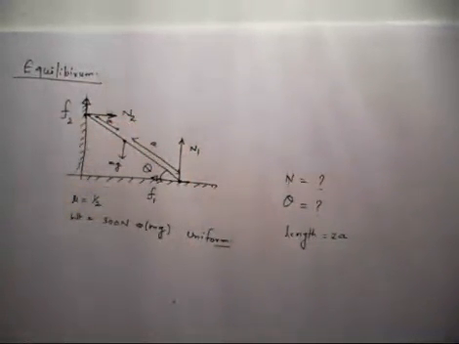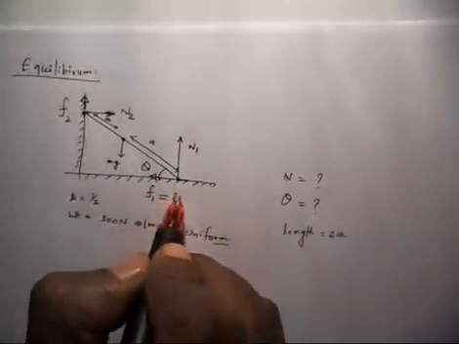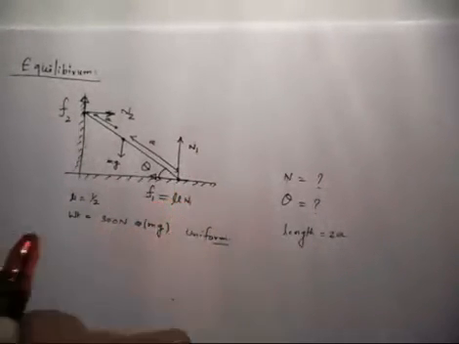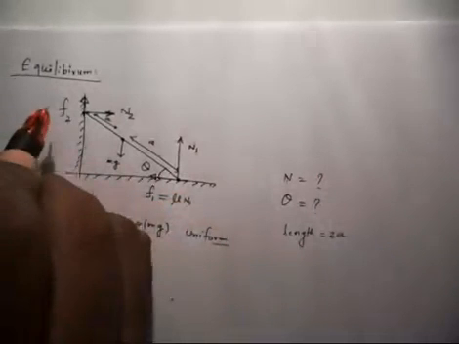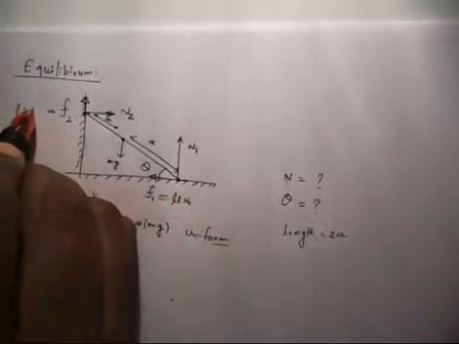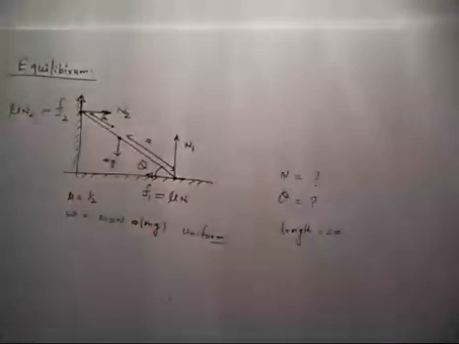So these two are the normal reactions. You see how many unknowns we have. We have unknowns N1, N2, and the friction forces. Since this is a limiting situation, in the limiting situation this friction force is mu times N1, and at this point the limiting friction force is mu times N2, where mu is half.